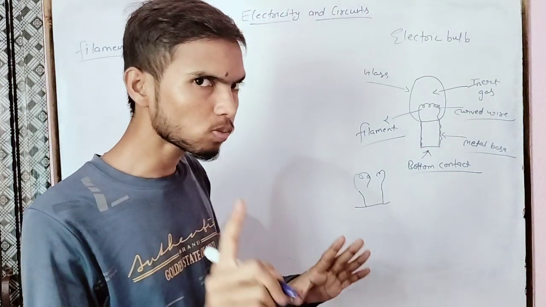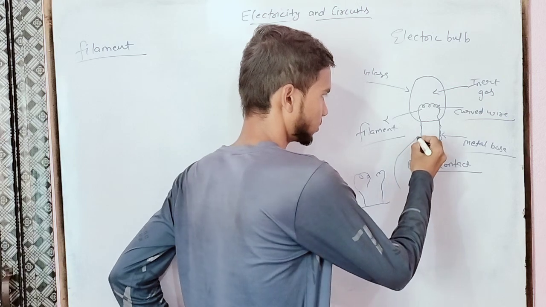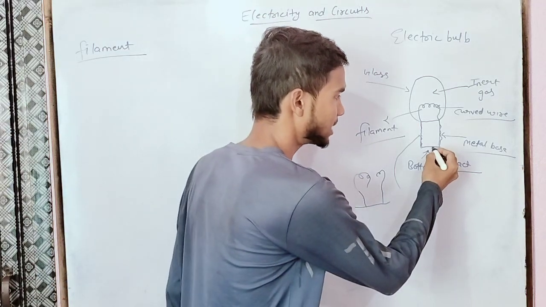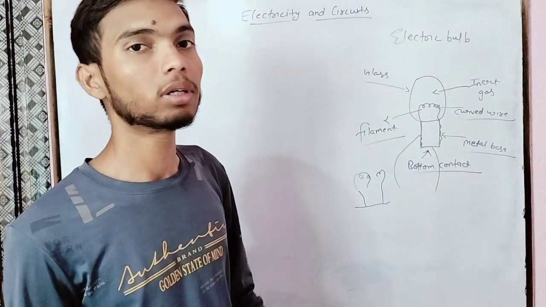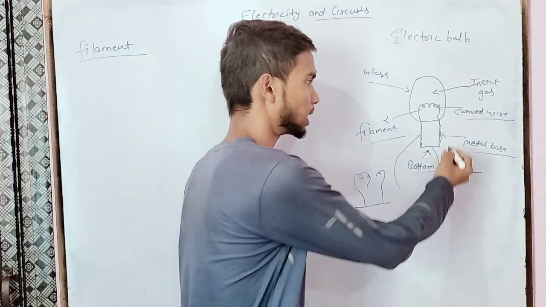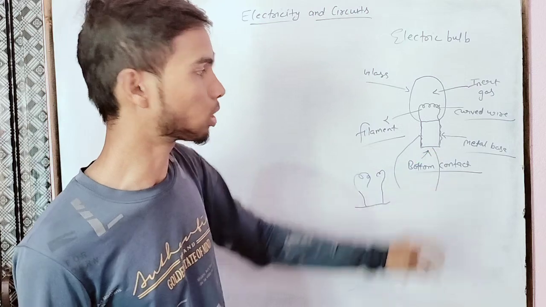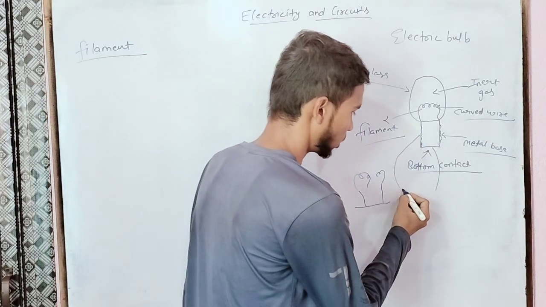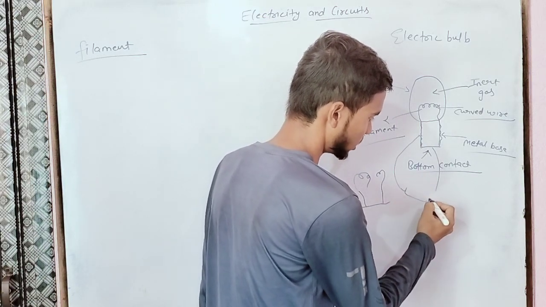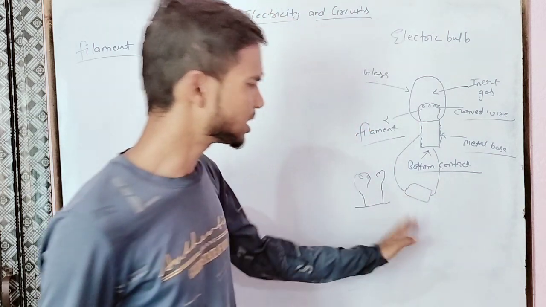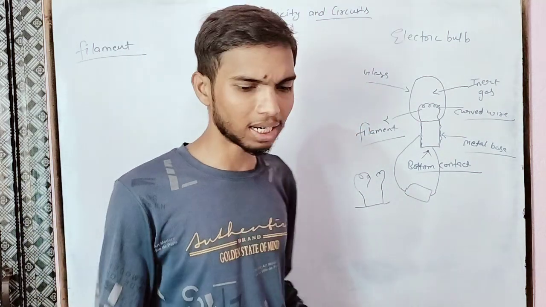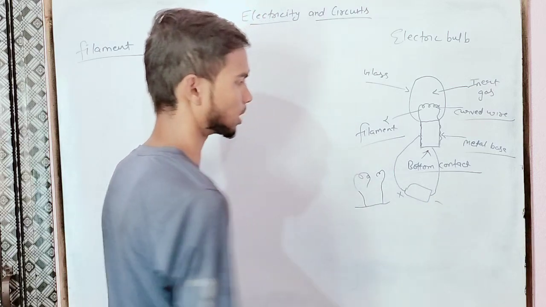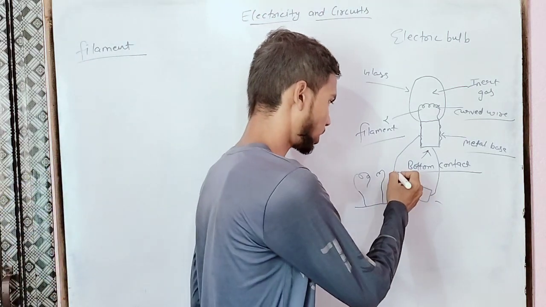Now there is one wire which is connected to the metal base. The second wire is connected to the bottom contact. This bottom contact surface is also made of metal. Now this is an electric device from where electricity is coming. Let's say this is plus and this is minus. So it will go like that and then come back like that.